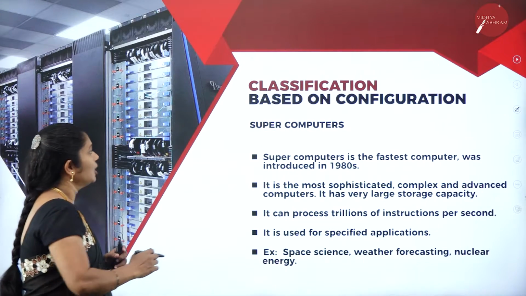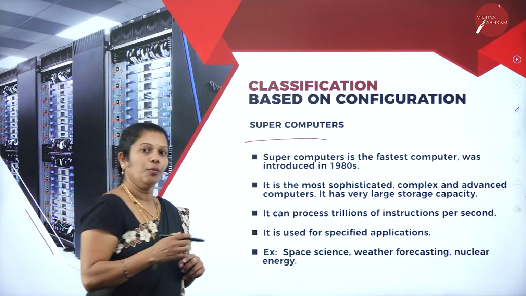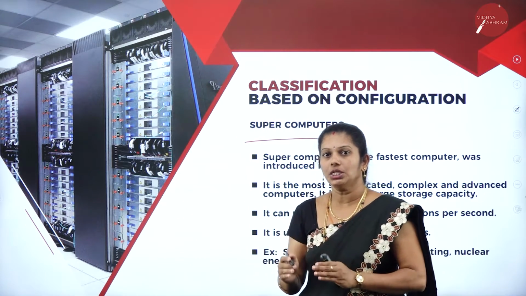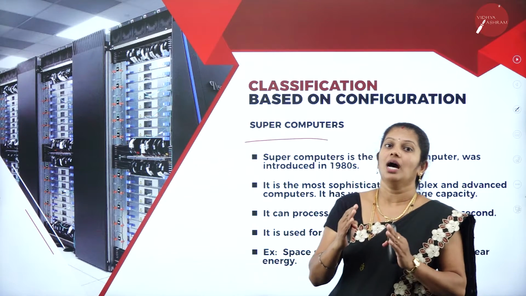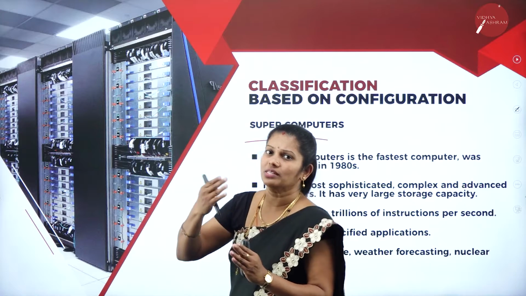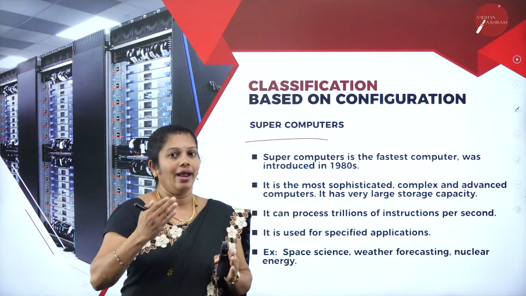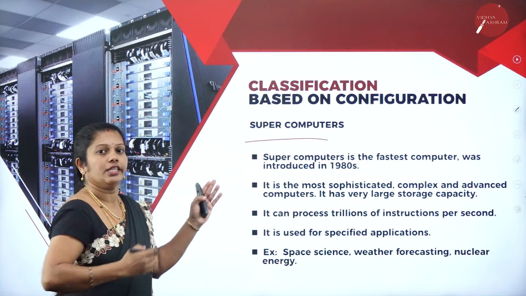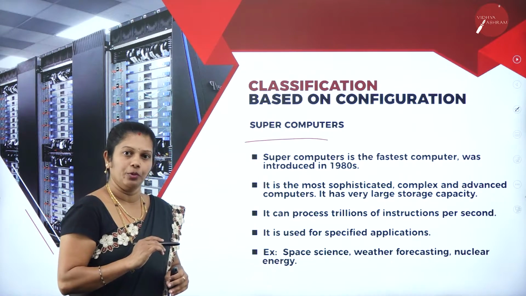The next one is supercomputer. What do you mean by supercomputer? Why do we require it? Usually, supercomputers are large in size and can process trillions of instructions. Usually the cost of a supercomputer will be more.